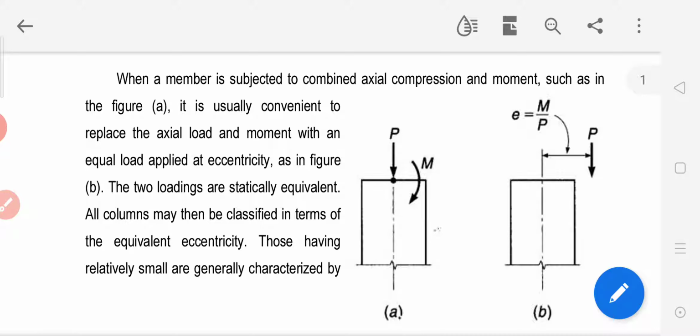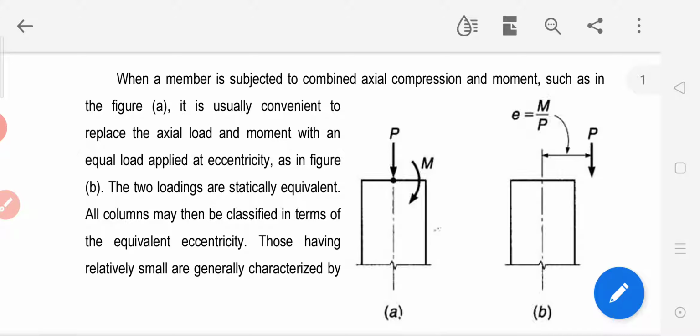So in this diagram, part A and part B: in part A the column is concentrically loaded, and in part B it is eccentrically loaded.